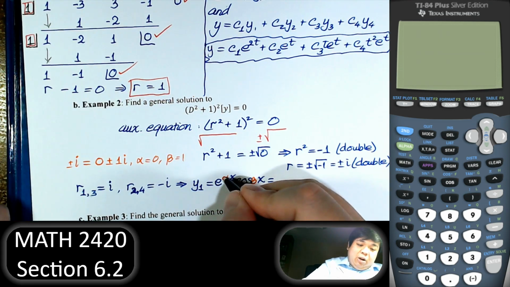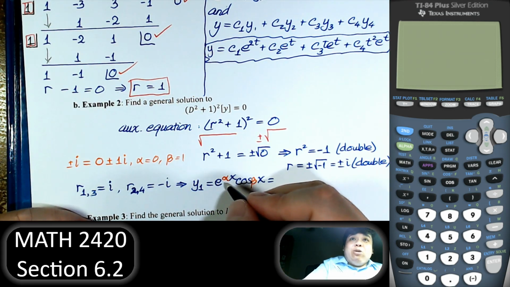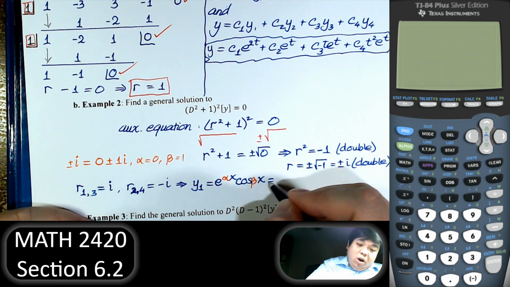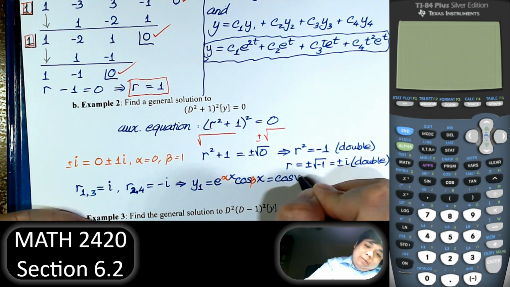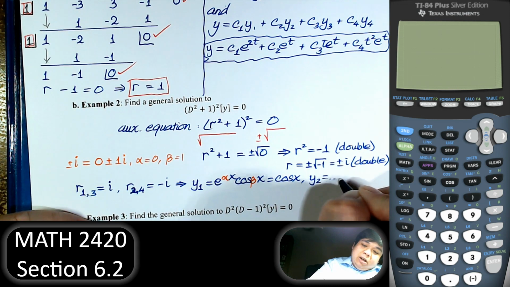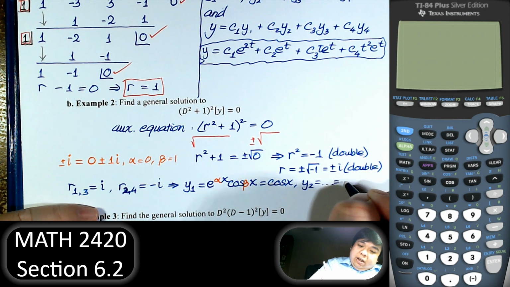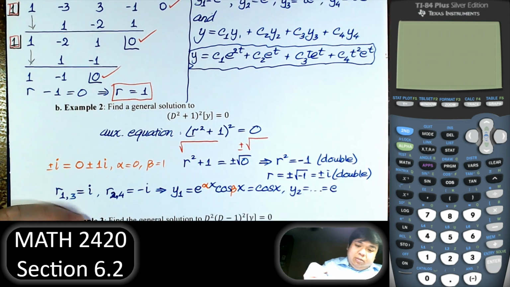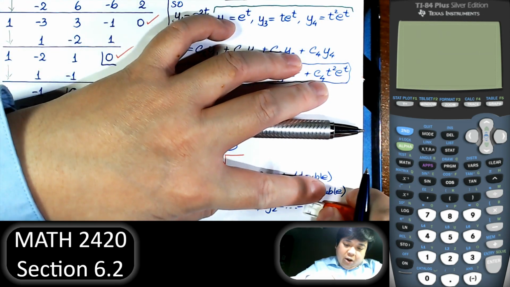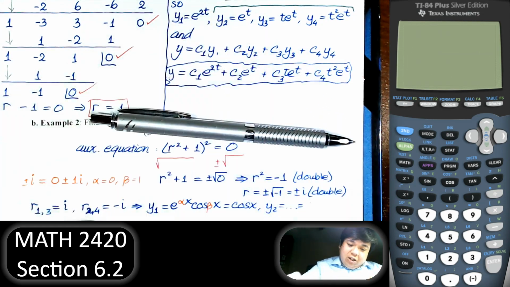Or because alpha is 0, e to the 0 power is 1 and beta is 1, so we just have cosine x. y2 will be similarly e to the 0x and sine x, so that's just sine x.